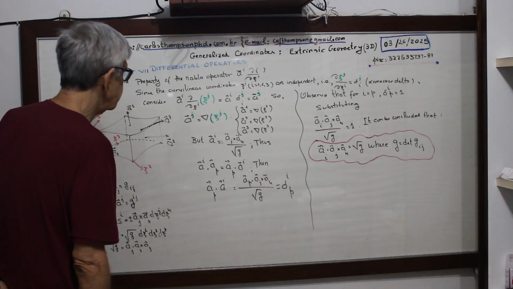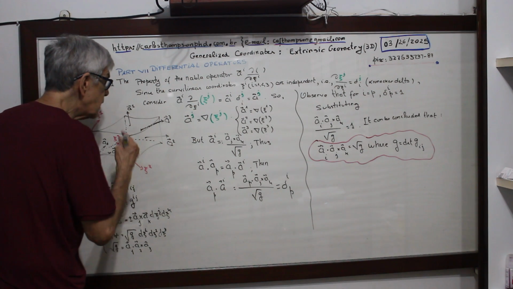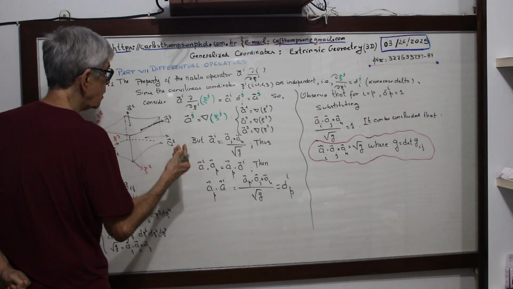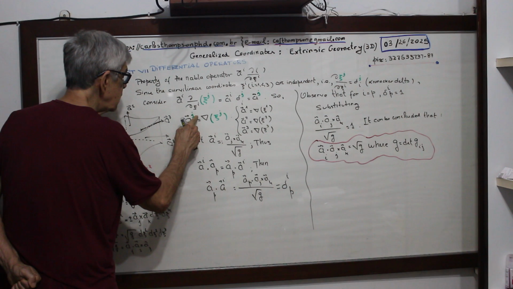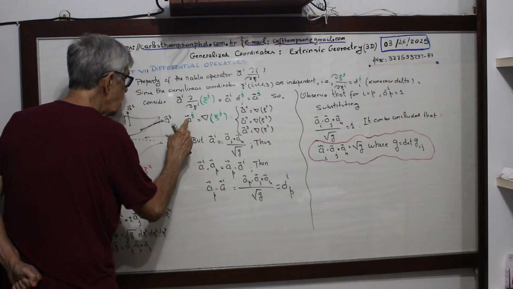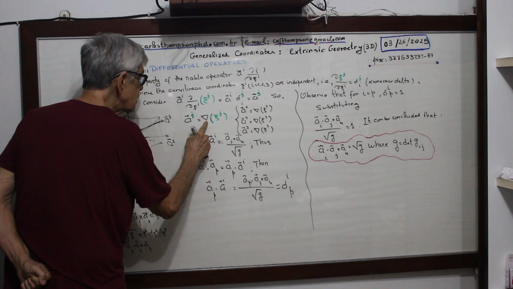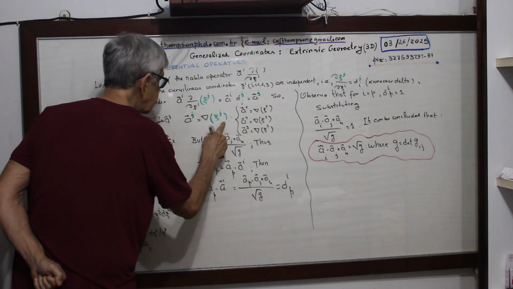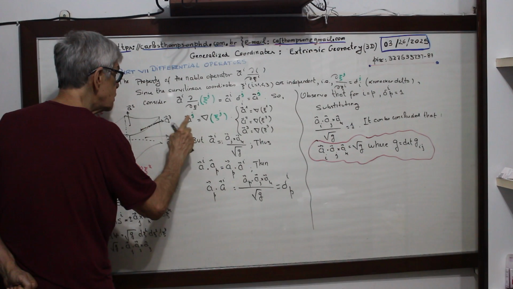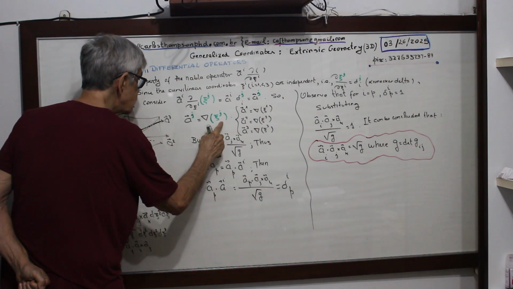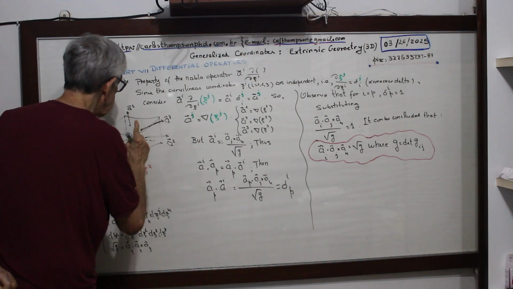Okay, that's easy. So I can infer that Aj, attention now, this is the contravariant base vector, is the gradient of Cj, and the gradient of Cj is perpendicular. Attention now.